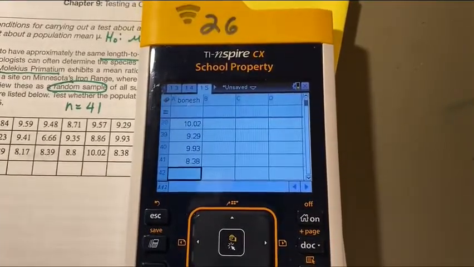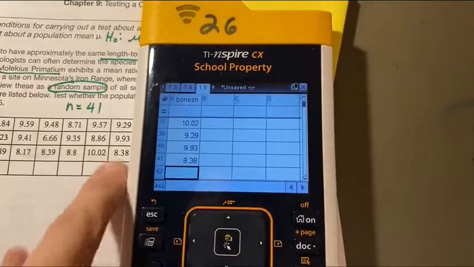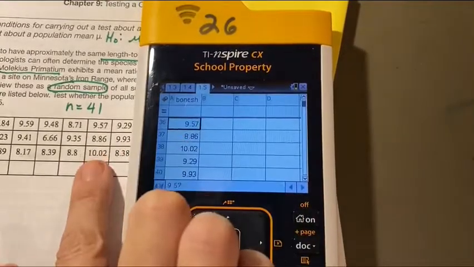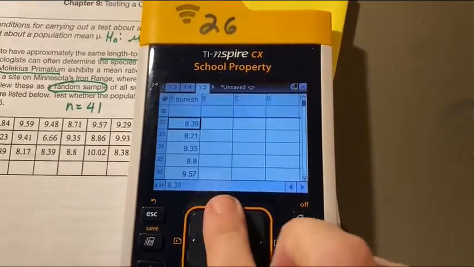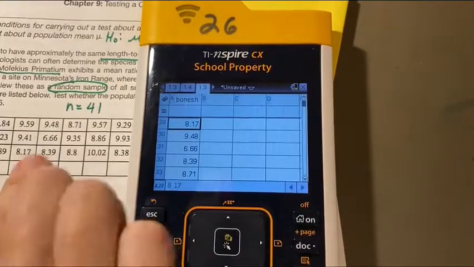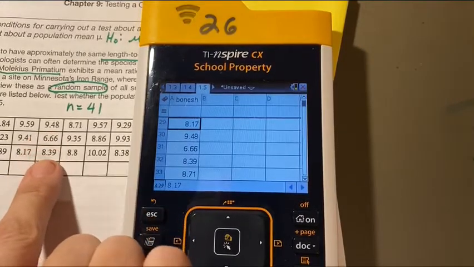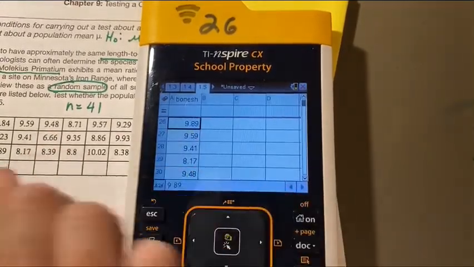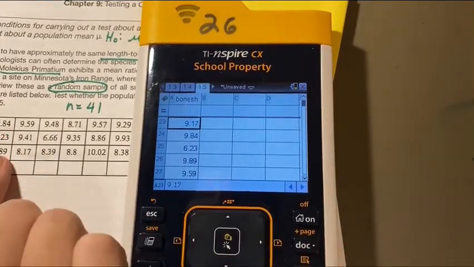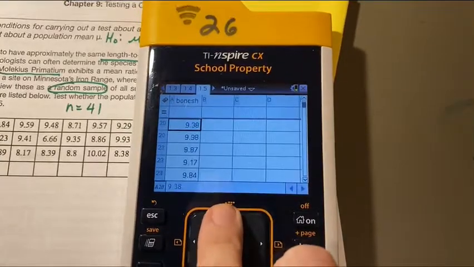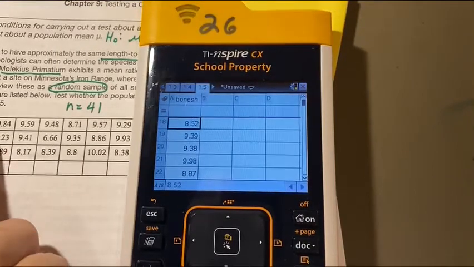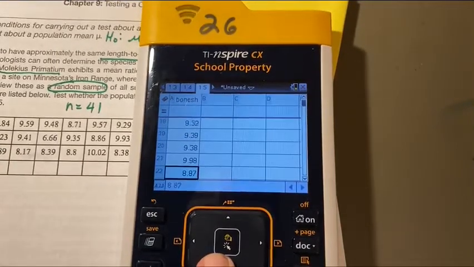Okay, let's hope all those are correct. I am going to double check. 957, 886, 1002, 893, 871, 935, 818, 814, 948, 666, 989, 956, 941, 917, 984, 623, 989, 852, 939, 938, 998, 887, 917, 984.